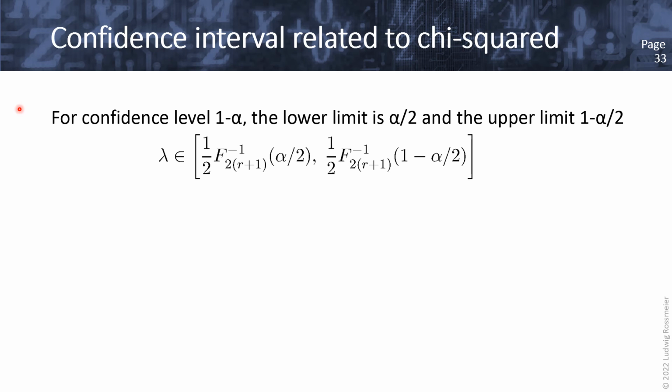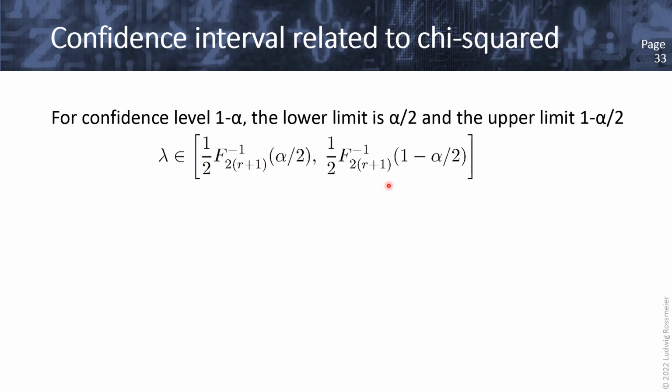If we want to replace the value of p with a certain confidence level, 1 minus alpha, then as before, the lower limit is half of alpha, the upper limit is 1 minus half of alpha. And now we can use the whole interval. The lower interval boundary is the inverse of the cumulative chi-squared function, then the half of alpha.